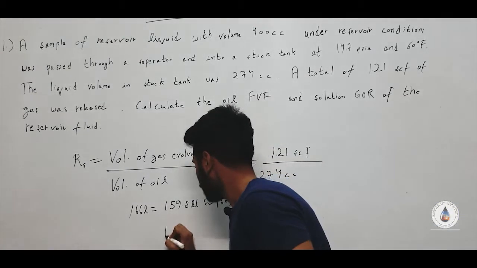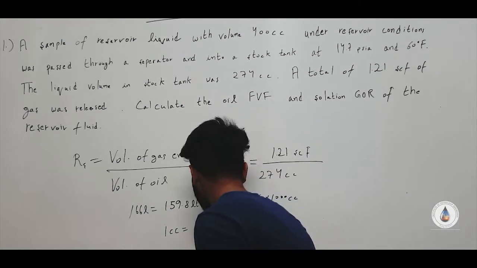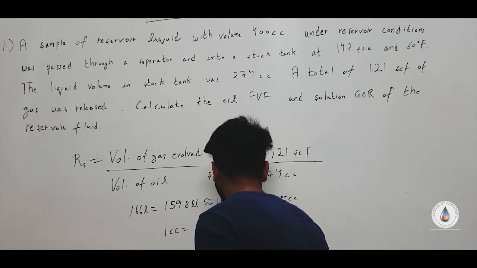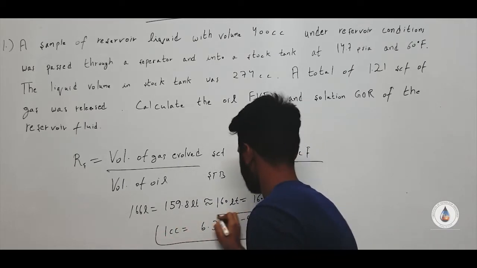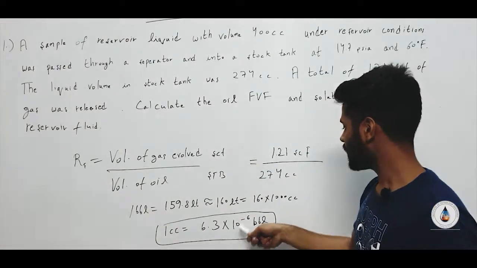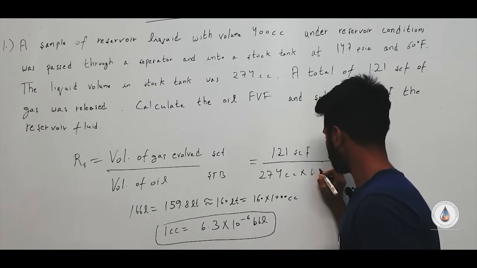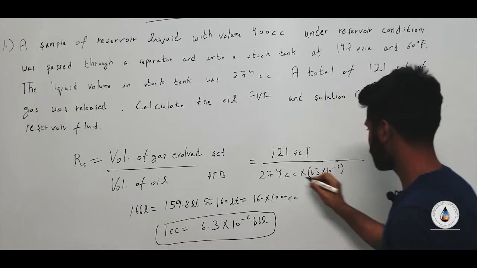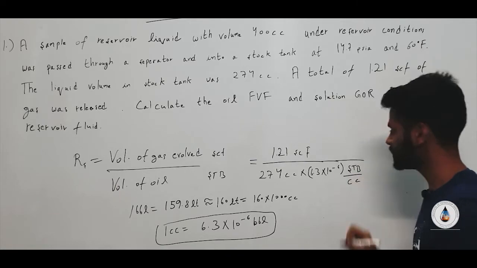So basically 1 cc will come out to be around 6.3 into 10 raised to power minus 6 barrel. You can also directly use it in numerical values. So I'll input 6.3 into 10 raised to power minus 6 stock tank barrel upon cc.